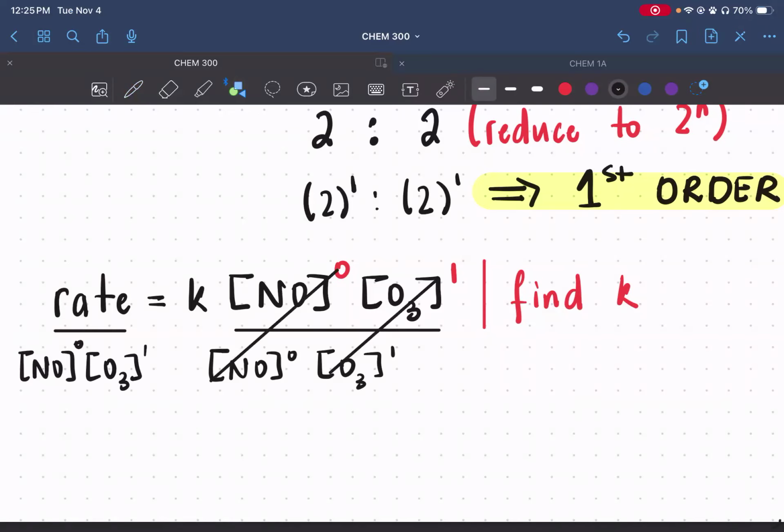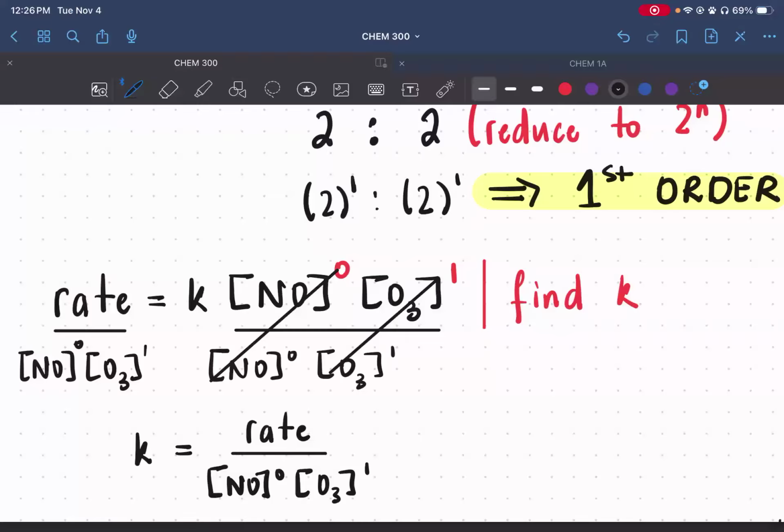That cancels out, such that we're able to say K is equal to rate divided by the concentration of NO multiplied by the concentration of O3 raised to some power. Okay, so now we have an explicit formula for K. All I really need now is to know what the rate is and what the concentrations are.